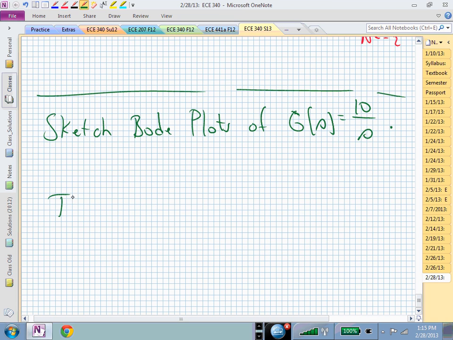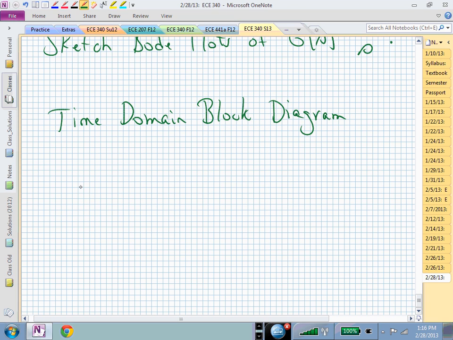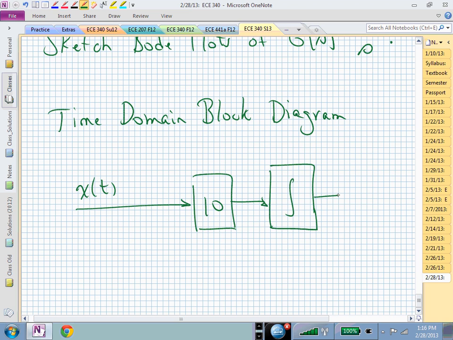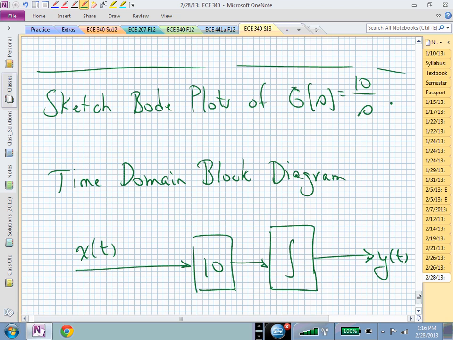In the time domain, if somebody wanted to say, well, what really is going on in the time domain if you have a transfer function G of S of 10 over S, in the time domain, you could think of this as a signal x of t. It gets scaled by a gain of 10, and then you just integrate it, and out pops y of t.